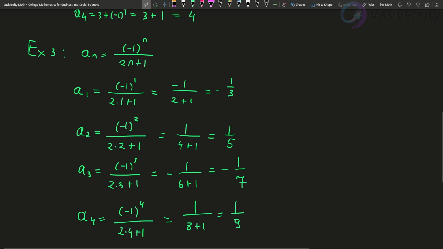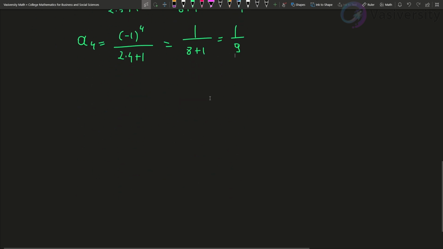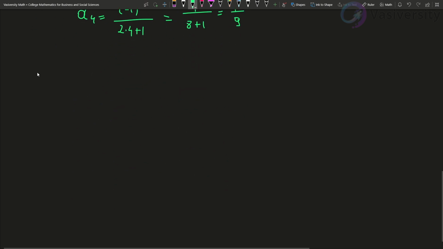Okay, but sometimes what do we want to do? We want to be able to find the pattern. Sometimes we need to be able to recognize the pattern. So now, let's try to find a pattern.